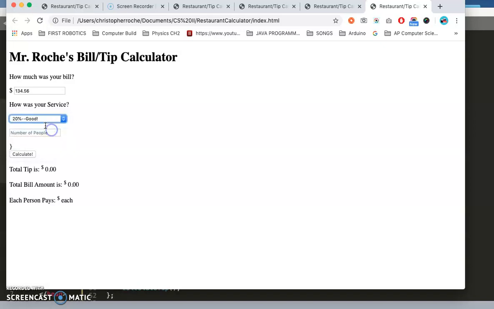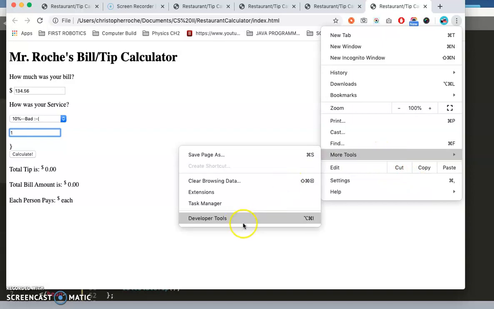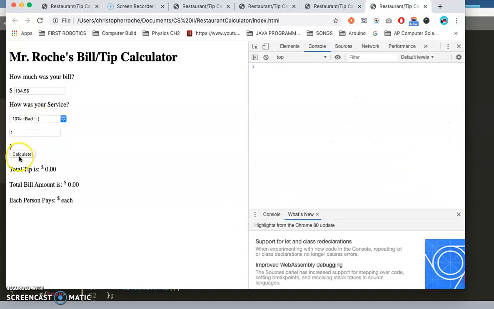So let's do 20% because it's easier to understand, right? Or let's do 10%. So it should just be like $13 really on the tip. And we'll do that, and we'll pull up the developer tools, and let's run it, and we'll see what happens. See what now you got that. See. So if I say 150 plus 10. Right.